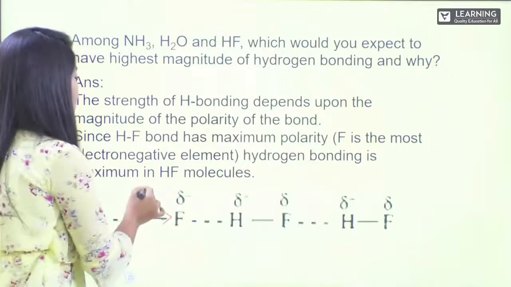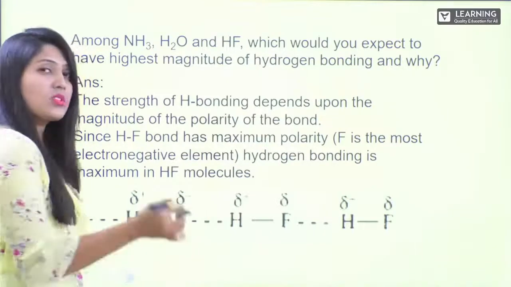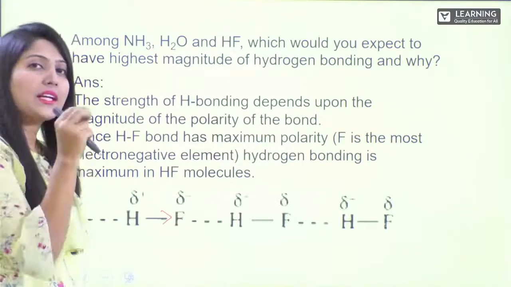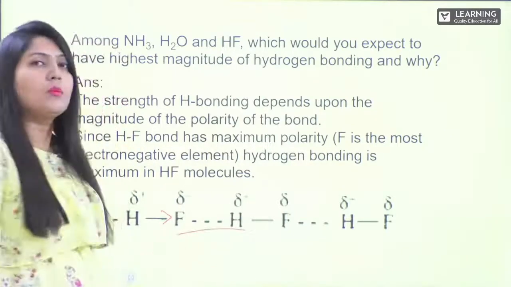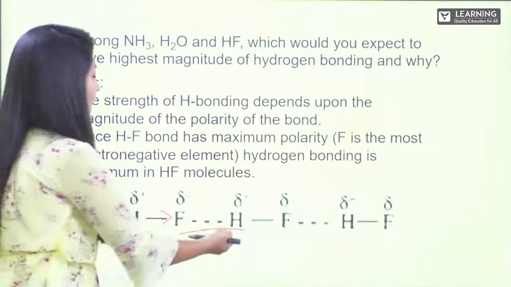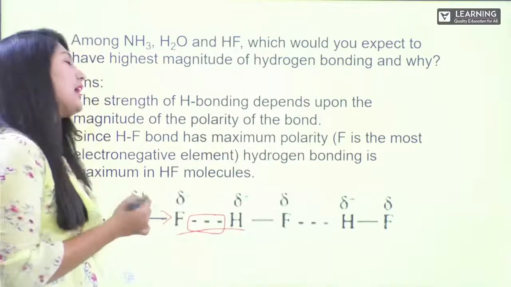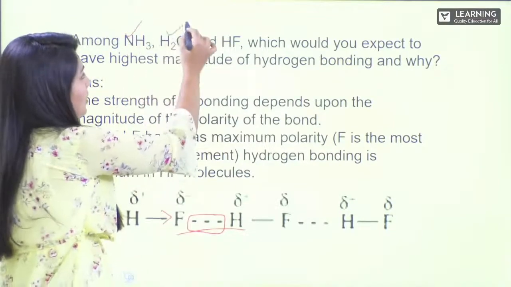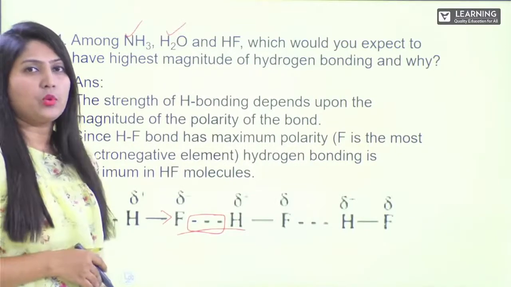So it gets delta plus here, delta minus there, and the fluorine with the higher magnitude of negativity easily attracts the other partially positively charged hydrogen, and thus the bond is stronger than that of nitrogen or oxygen in ammonia and water.